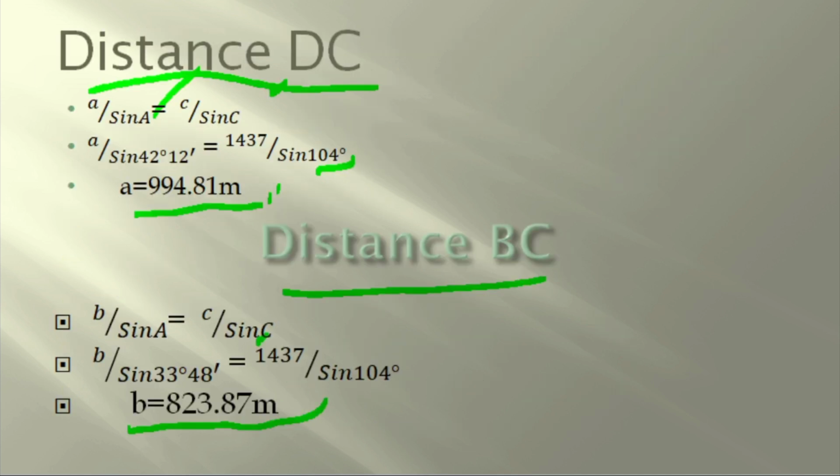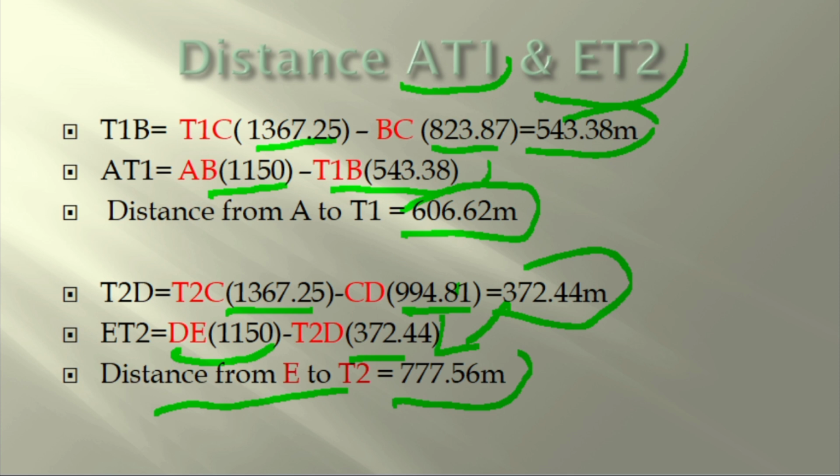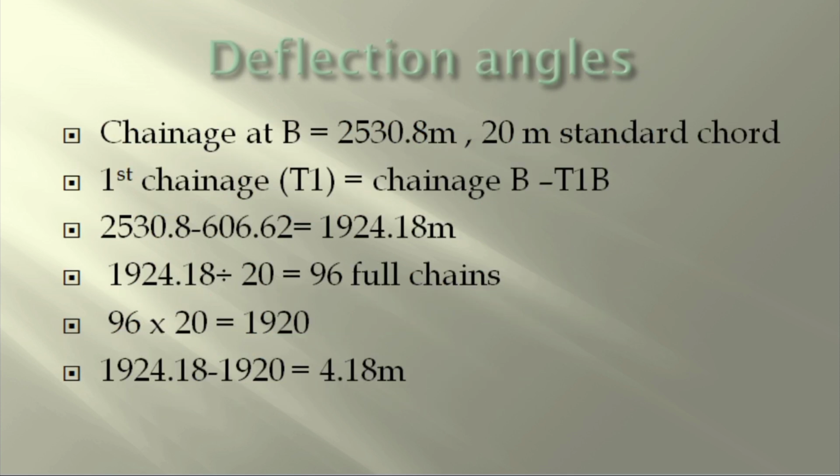So the first chainage, where T1 is, the first point of tangency, is equal to the chainage at B minus the distance covered from T1 to B. That distance was 606.62.